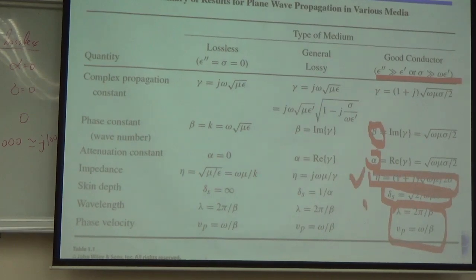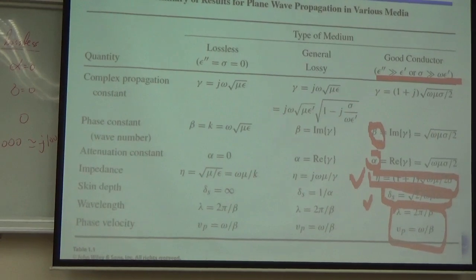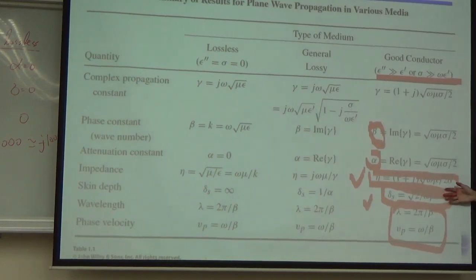This one and this one are a little bit different. This is a very useful table for 3 different types of materials. Use the equations, put the numbers in, and get an approximate number. Good for your midterm, this table, right?